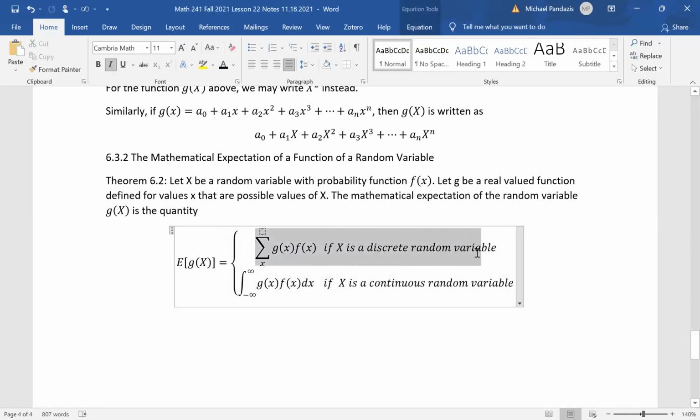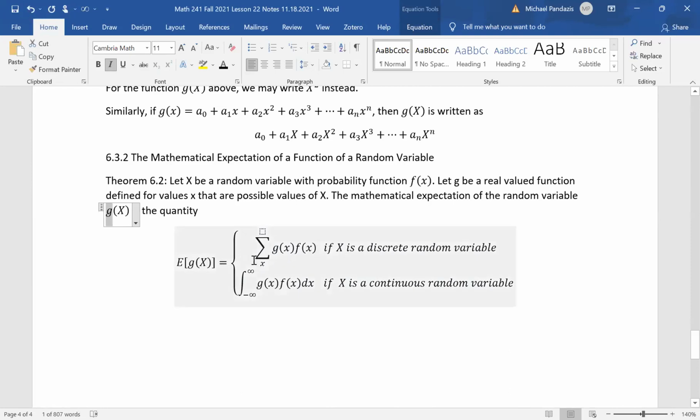For the discrete random variable case, normally it would be the sum over x of x times f of x. But since it's now g of x, instead of the values being values of x, they're values of g of x. And so instead of having x's here, you just have g of x's there, right? So that's the only difference. You're still multiplying by the probabilities f of x because your value g of x corresponds with the value.